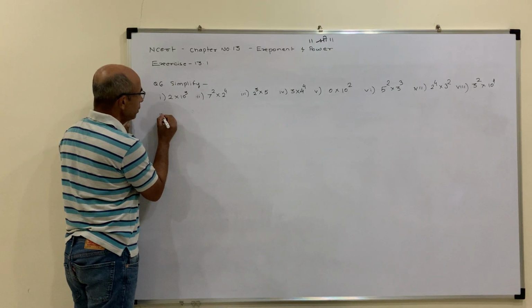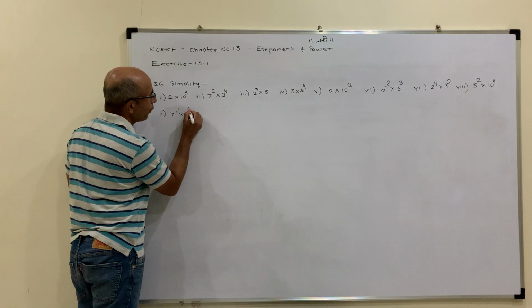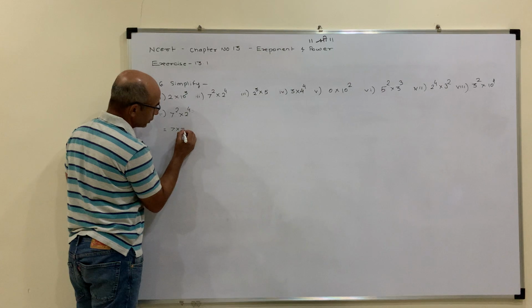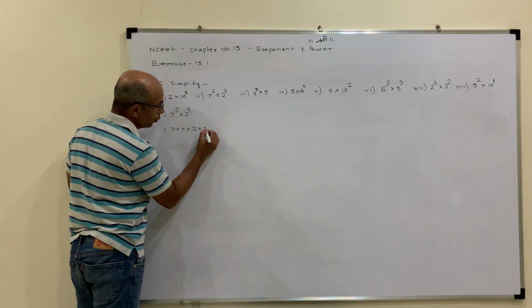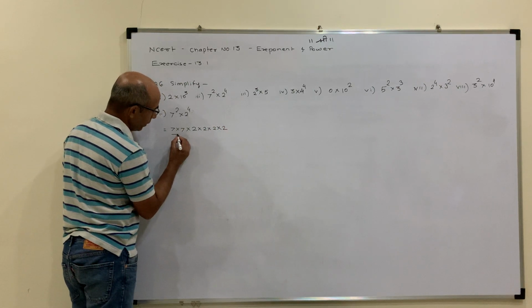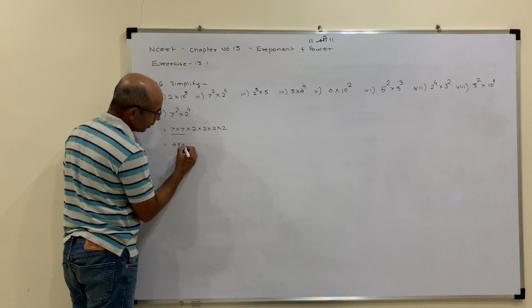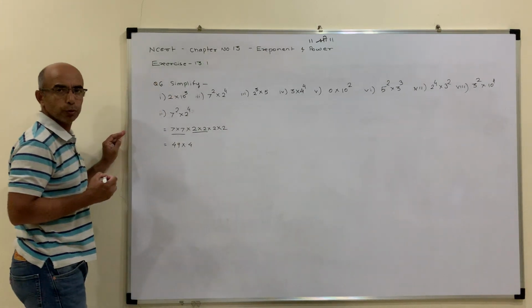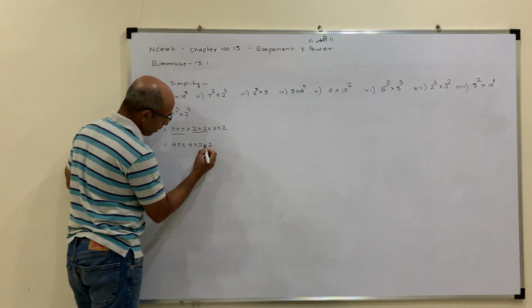7 raised to 2 into 2 raised to 4. Here again, 7 raised to 2 is equal to 7 into 7, and 2 raised to 4 is equal to 2 into 2 into 2 into 2. So we simplify: 7 into 7 is equal to 49, and then we first find the product of two numbers. 2 into 2 is 4, then into 2 into 2.